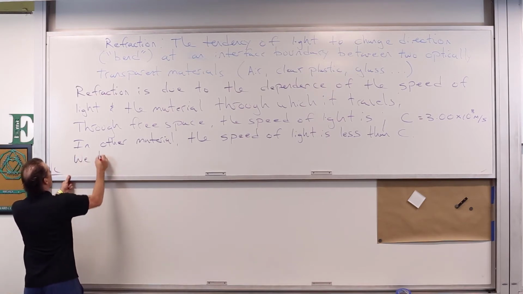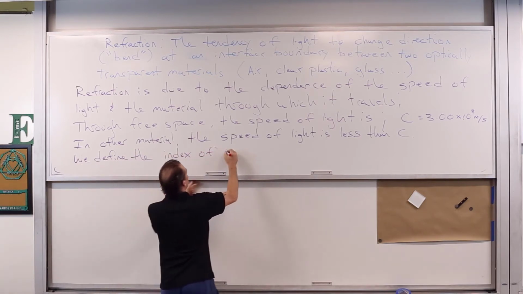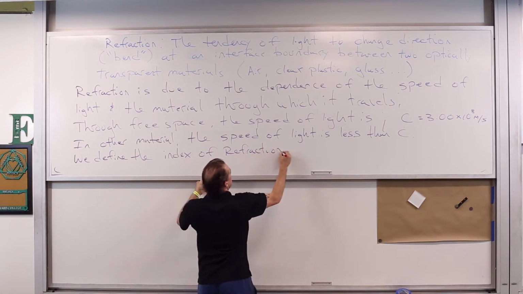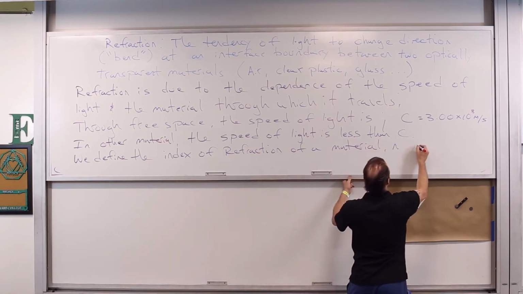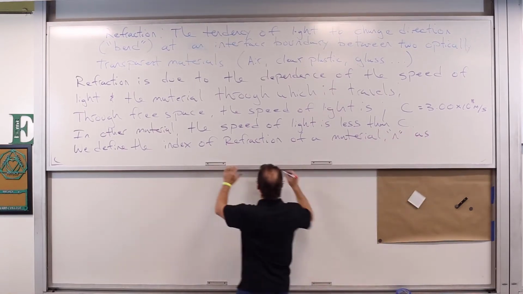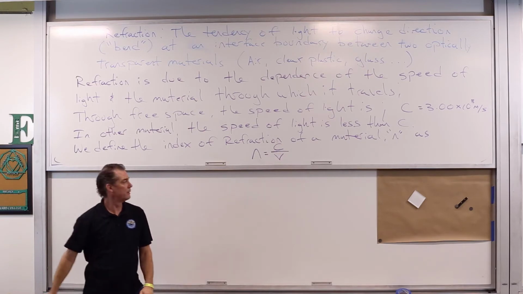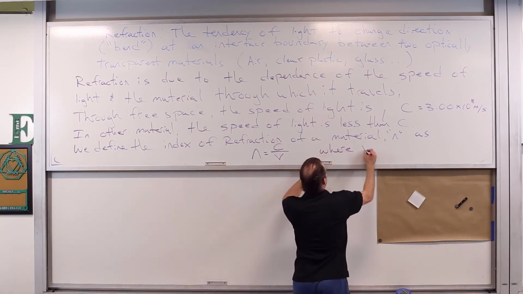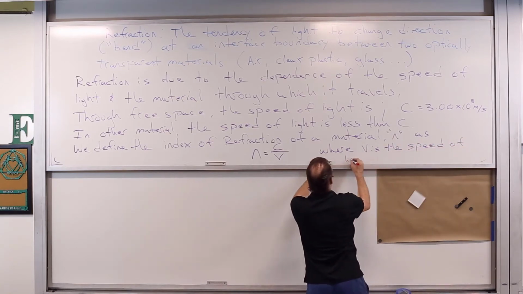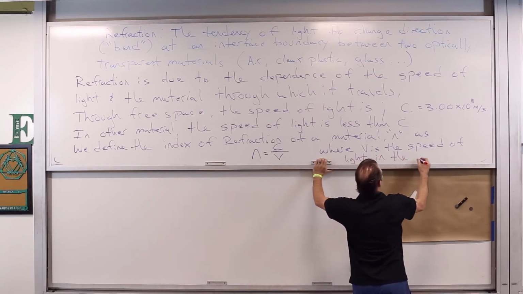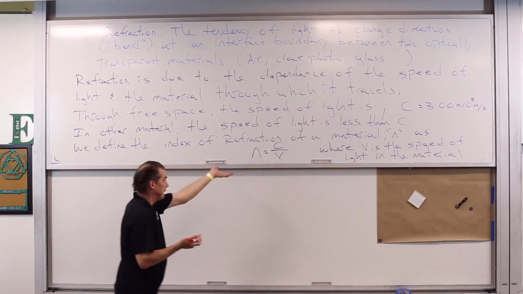We define the index of refraction of a material, n, as n is equal to c divided by v, where v is the speed of light in the material in question, for which we're defining the index of refraction.